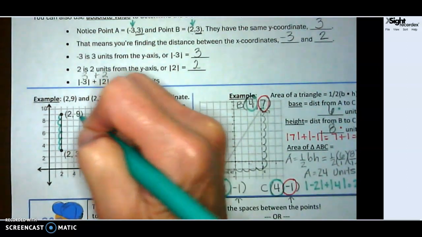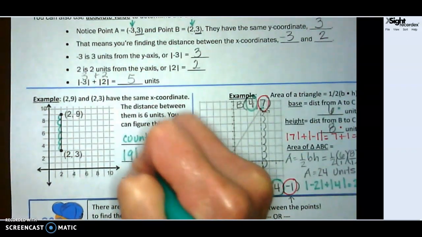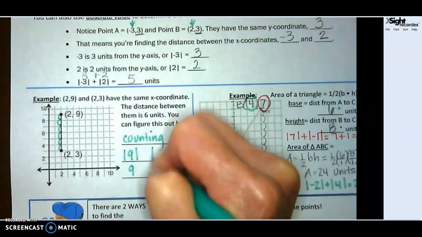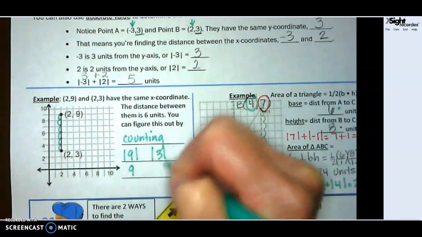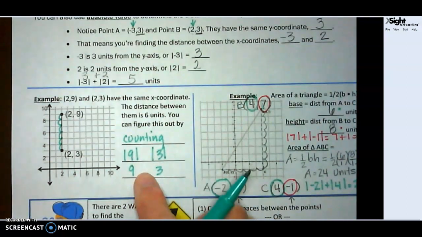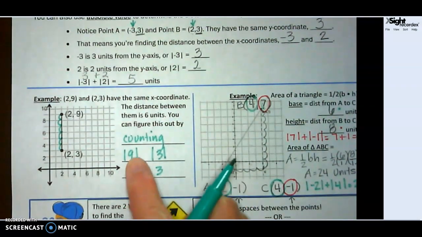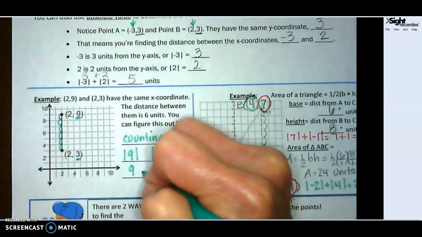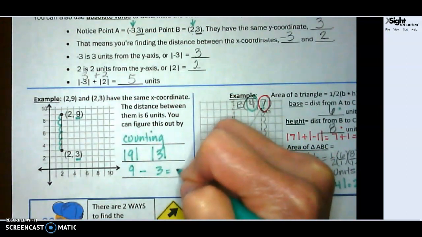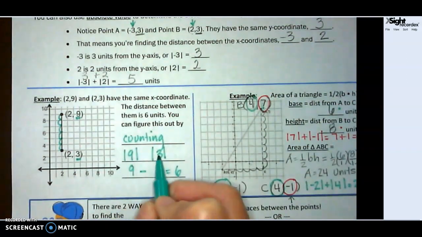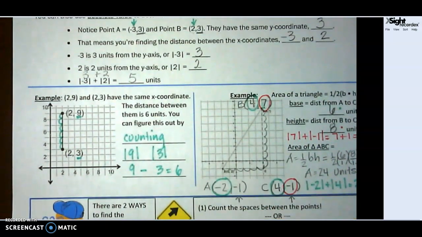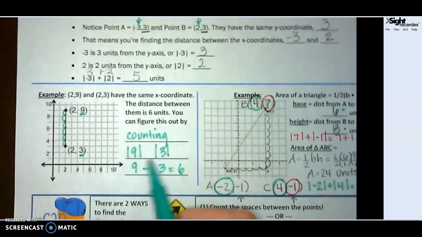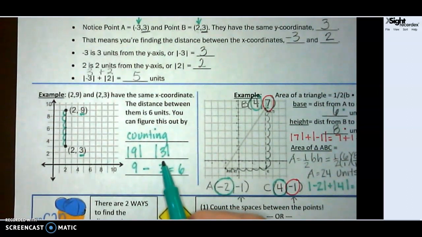The absolute value of 9 is equal to 9, and the absolute value of 3 is equal to 3. But would I add those numbers? They're both positive. So that's when you would subtract absolute values to get 6. Because if you had added them, they would be 12. And you know that's not right. So be careful: when numbers are in the same quadrant, you are going to be subtracting their absolute values.